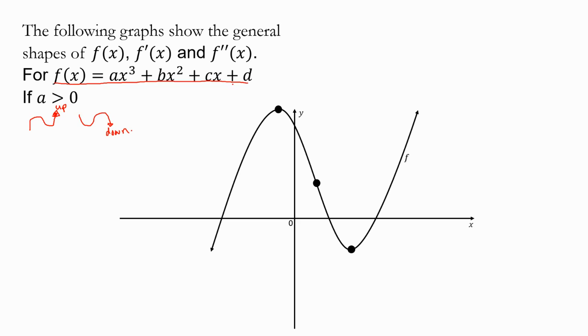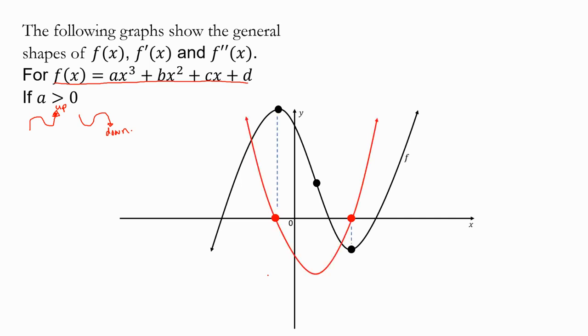The turning points of the cubic function are the x-intercepts of the first derivative graph, which is quadratic. This is the point here, and this is the point here, which are going to be the x-intercepts of the quadratic function, which comes from deriving the cubic function. And then it will look like this.